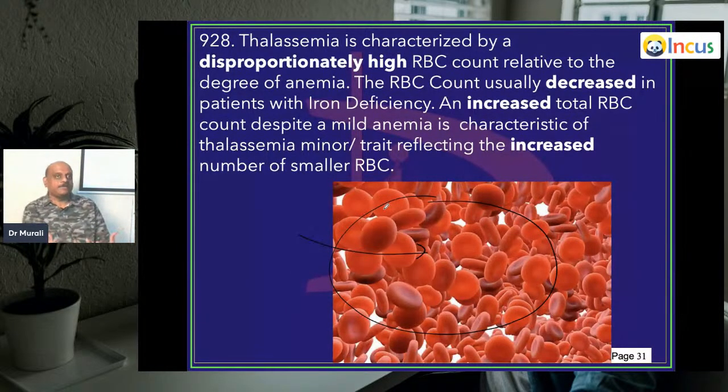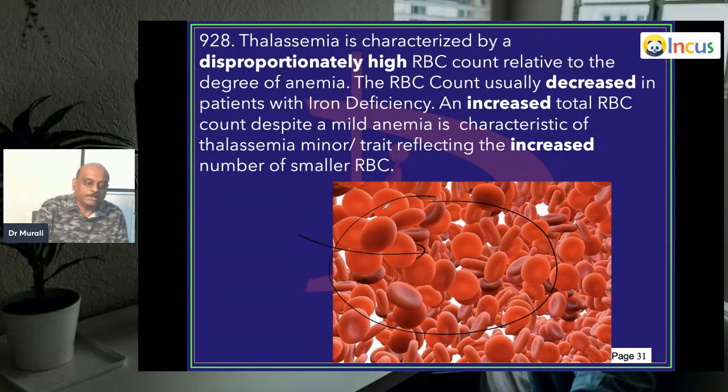Whereas in iron deficiency anemia, RBC count is low. One of the parameters in CBP is RBC count. So increased total RBC count in spite of very mild anemia characterizes thalassemia, is what you need to remember.